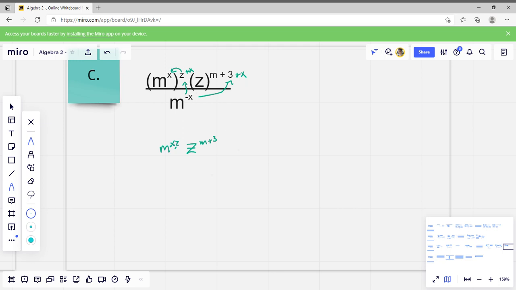So on that one, we're going to have xz plus x, and then our z, we're going to have m plus 3.